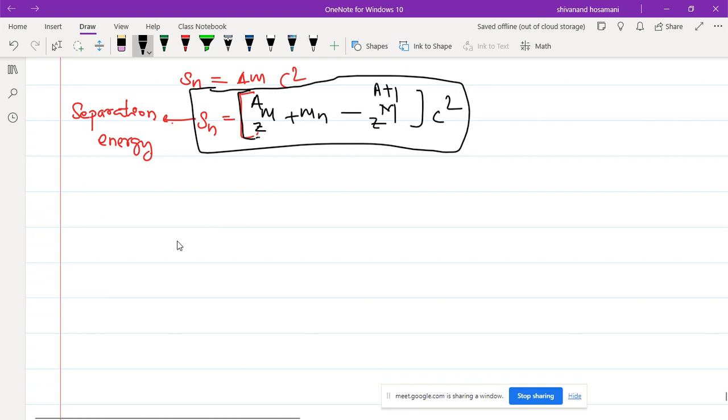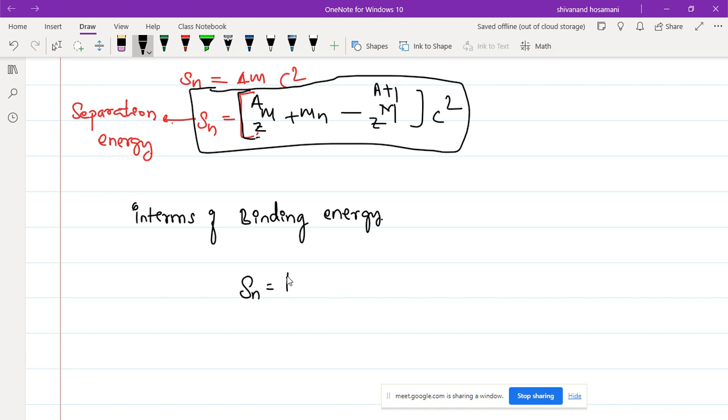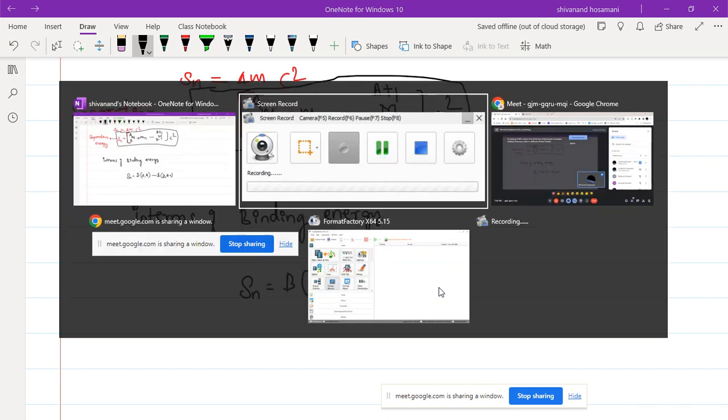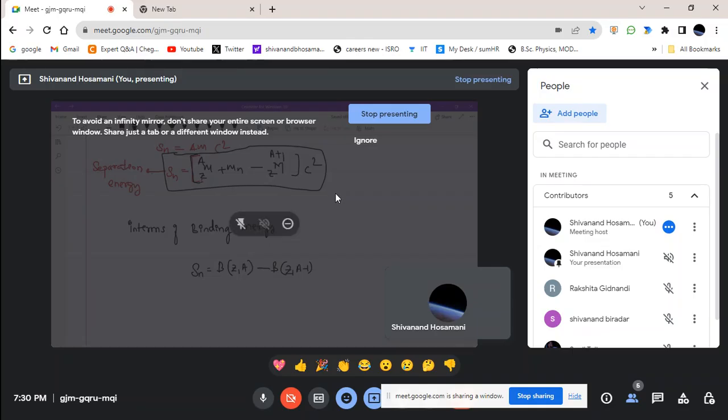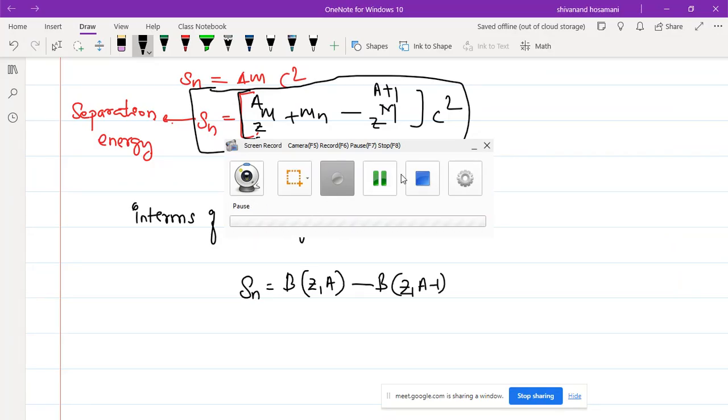In terms of binding energy, Sn is equal to the binding energy of the nucleus with atomic number Z and mass number A, minus the binding energy of the nucleus with Z and A minus 1.